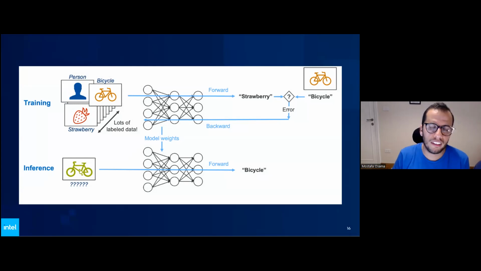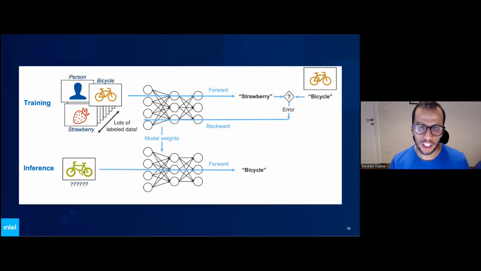For example, I want to build an AI app to know if an image contains a bicycle or not. This is done by feeding the model a lot of data or images containing bicycles.